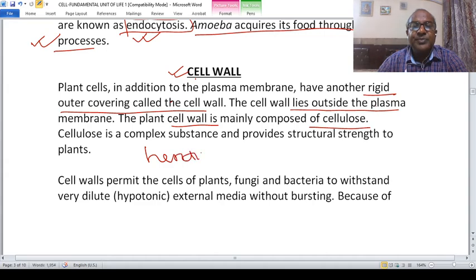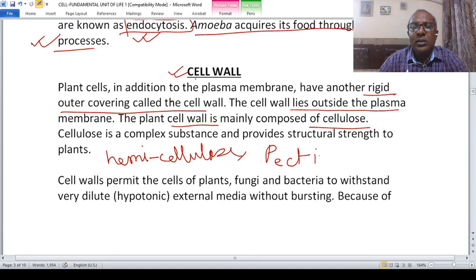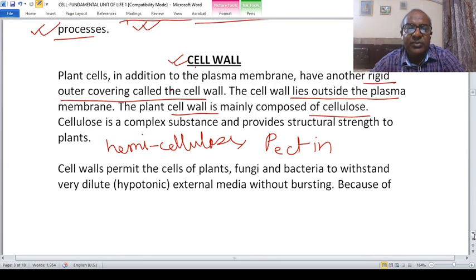There are three main components: cellulose, hemicellulose, and third is pectin. So the cell wall has three major components: cellulose, hemicellulose and pectin.